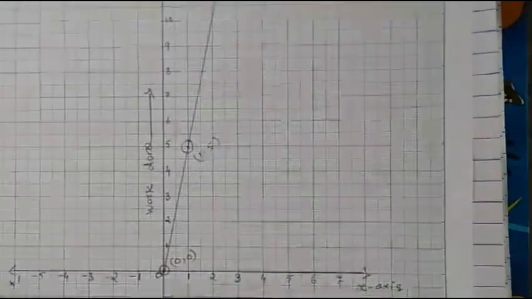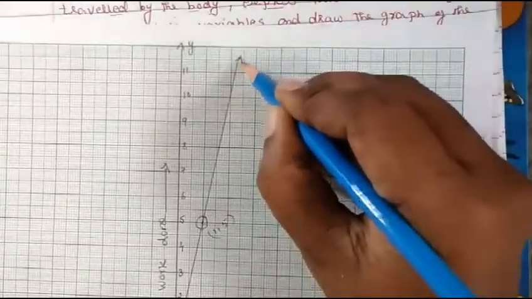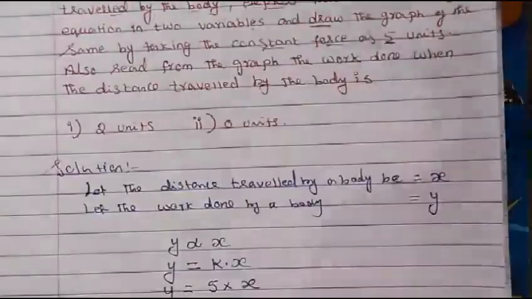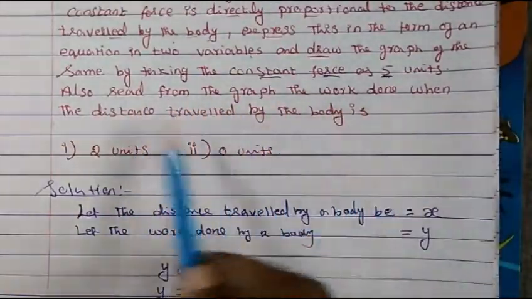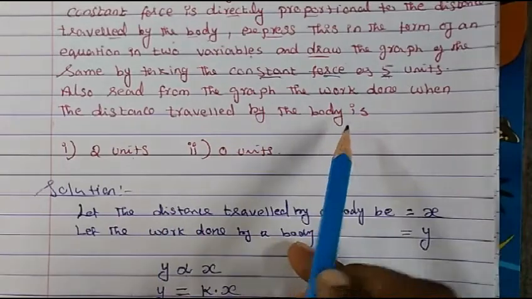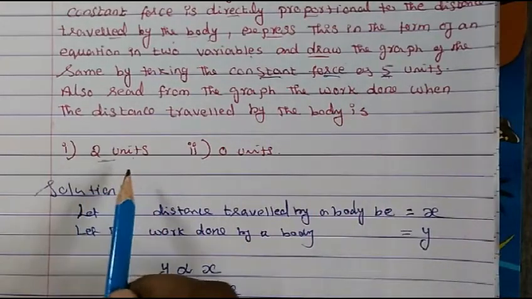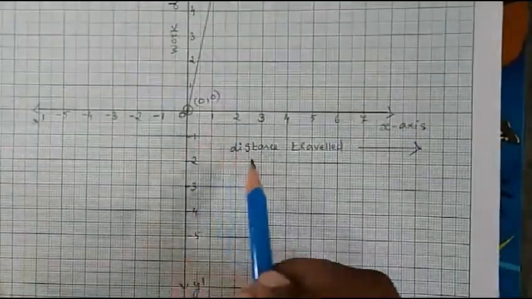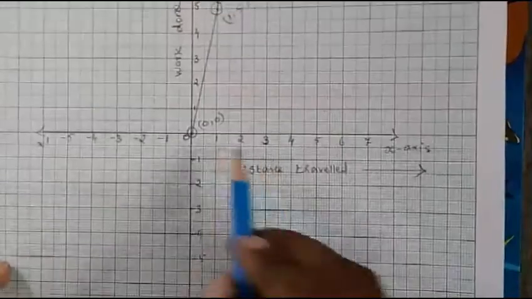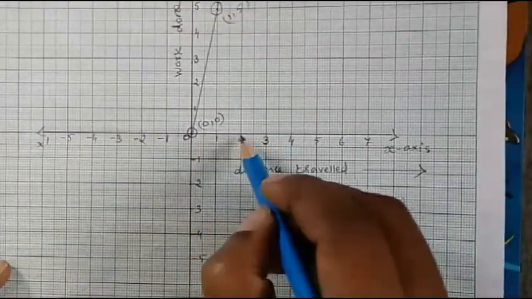After drawing this, now we have to read the graph. First part we have finished. Then read from the graph the work done by the distance traveled by the body. For 2 units, what is the work done we have to find out. This is distance traveled, right? 2 units is here.